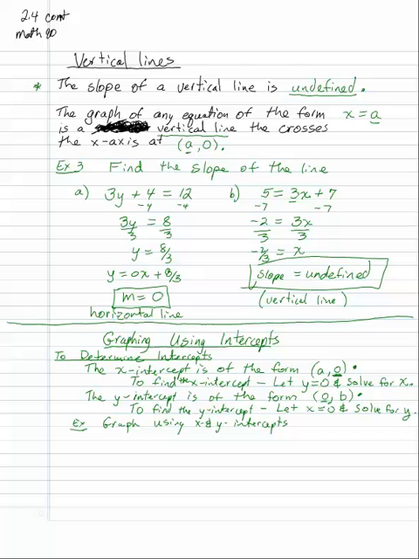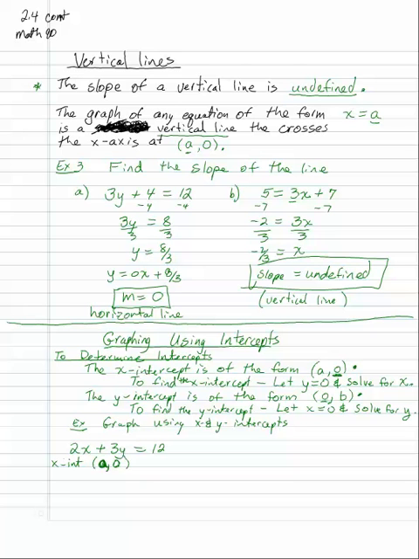Something like 2x plus 3y equals 12. And the idea is you're going to find the x-intercept, which we know is some number, 0. Oh, that's the y. Yeah, that was right. Some number, 0.